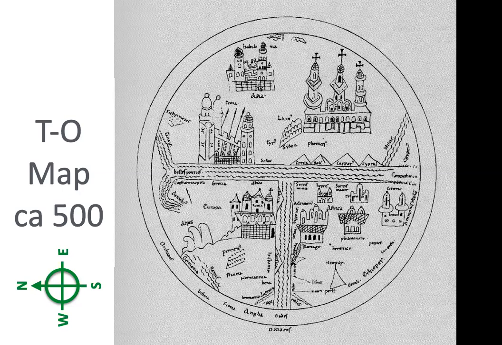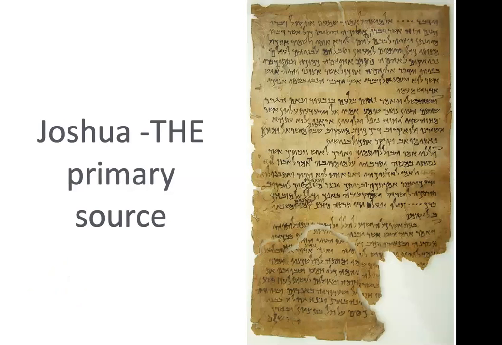This early example of a TO map is from a journal or a book called the Jugurtha. The primary source that we have for mapping Israel is the book of Joshua. This is a fragment of the Dead Sea Scrolls, which is believed to be an original or a near original copy of the book of Joshua.